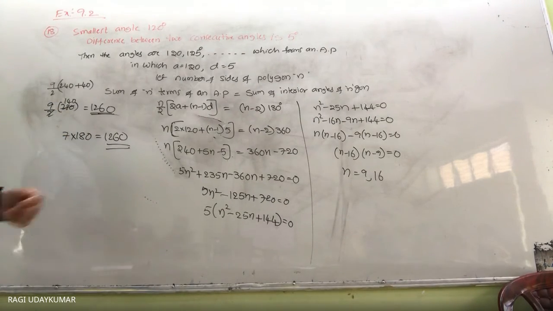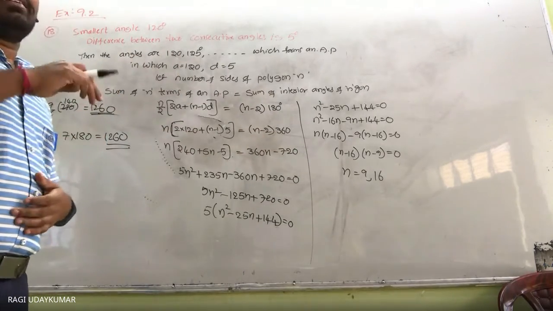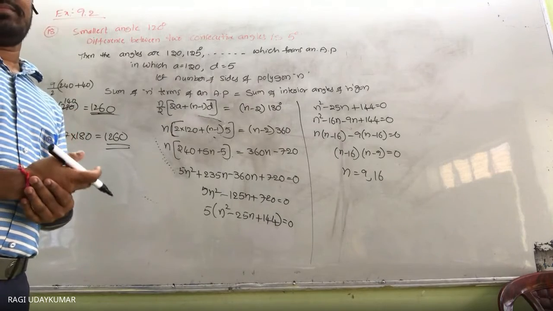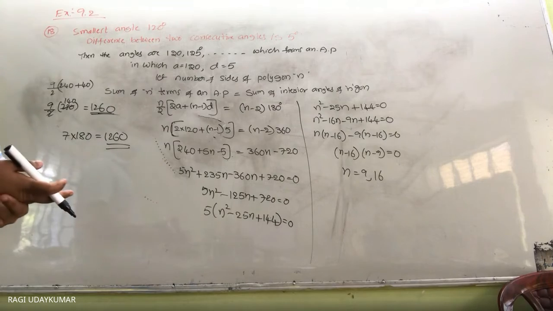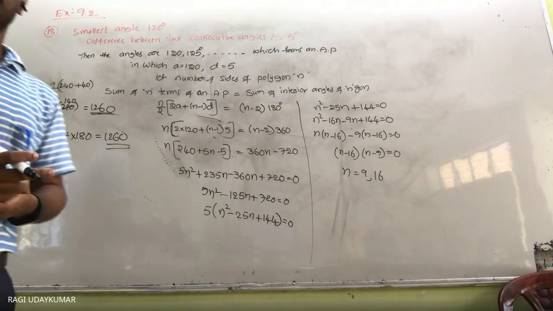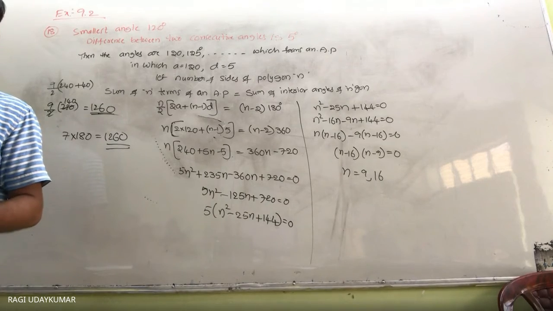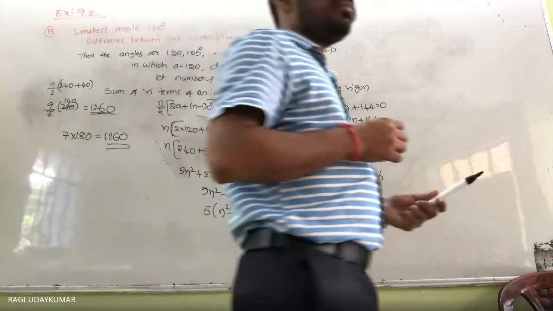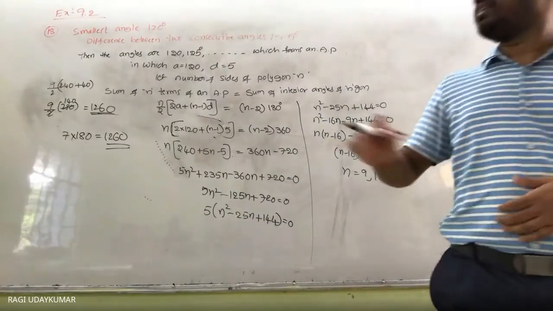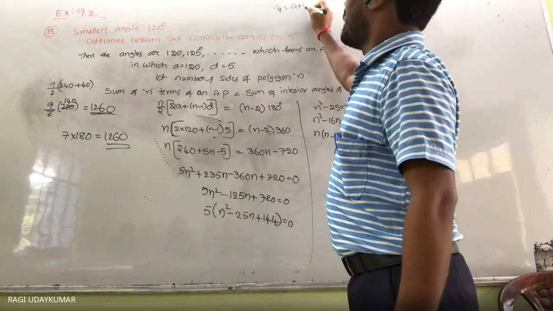If you are taking here 16, if you are taking 9, if you are taking the ninth term, क्या होगा? What is the ninth term? Ninth term is nothing but a9, a plus 8d.